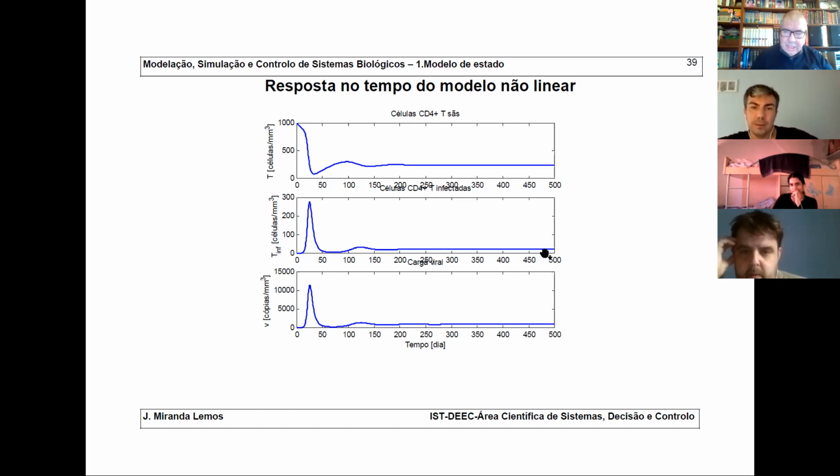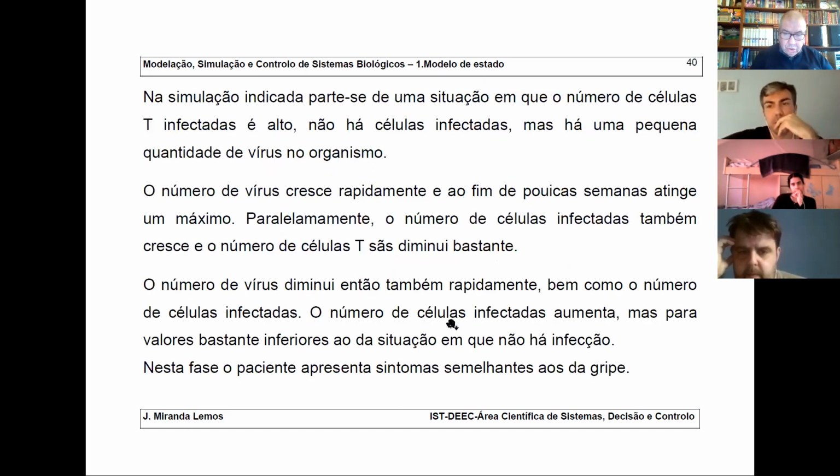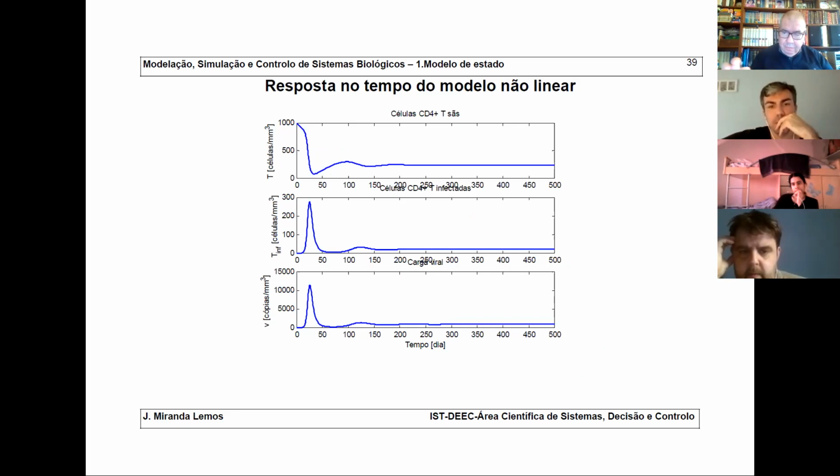Actually, it's pretty much stable, because you have approached it. If it was unstable, due, for instance, to numerical errors, you would not reach this point. It would go somewhere else.